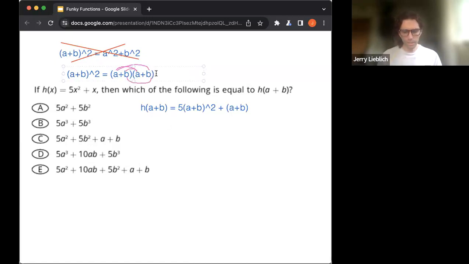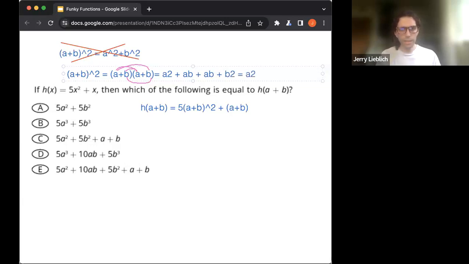And what that's going to give us is a times a is a squared, plus a times b, which is AB, plus b times a, which is also AB. Doesn't matter which order you write it in, BA or AB. So I'm going to keep it the same. Plus b times b, which is b squared.